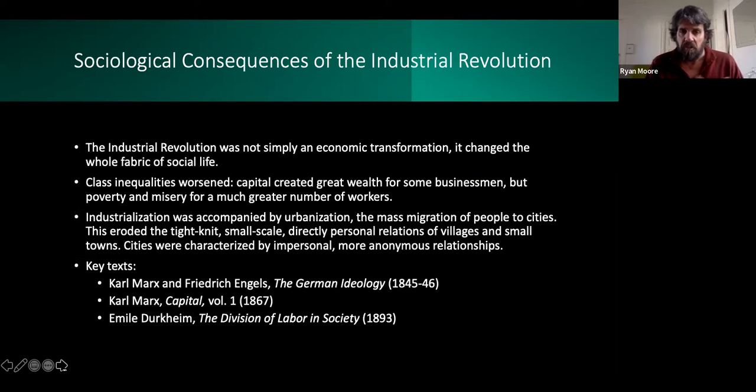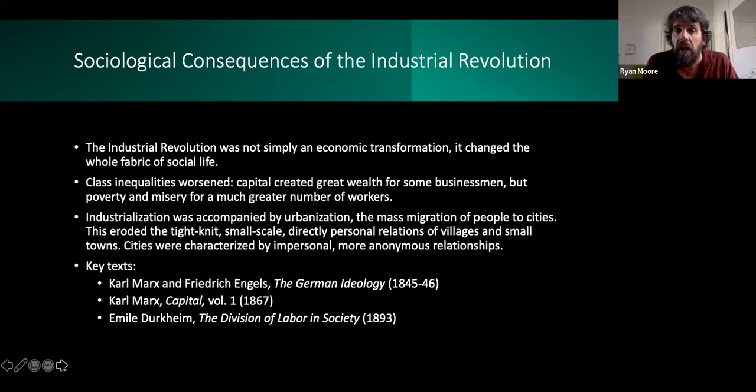So the Industrial Revolution has to therefore be understood not just as an economic transformation, but as something that changes the whole fabric of social life, particularly as it's concerned with social classes. Class inequalities worsen or become more extreme as a result of this Industrial Revolution.